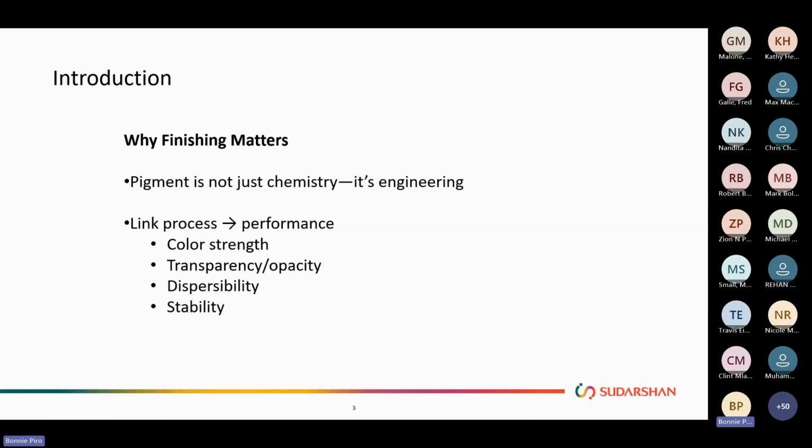So when our R&D teams are given the task to develop a certain pigment, they know the application it's going to, they know their options, and they know the impact of the different options in finishing, what they do and how they transform the pigment once it's been synthesized.